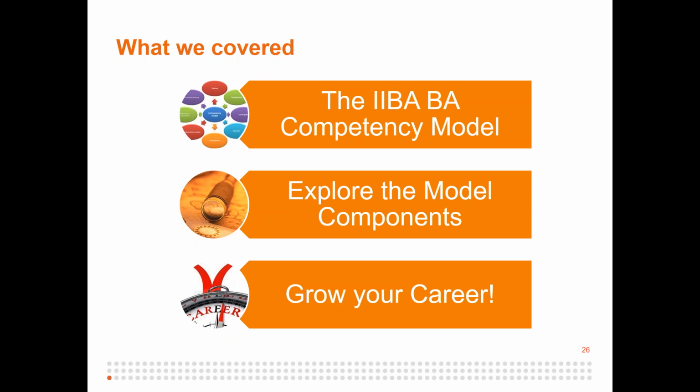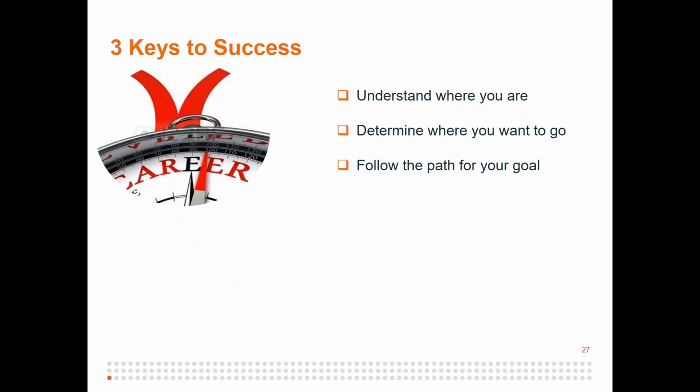We can provide some resources to help you, but it is your ship to steer, so to speak. There are just 3 keys to success for your career: understand where you are, determine where you want to be, and really follow the path to your goal. Be relentless. Follow that path to get where you need to go.